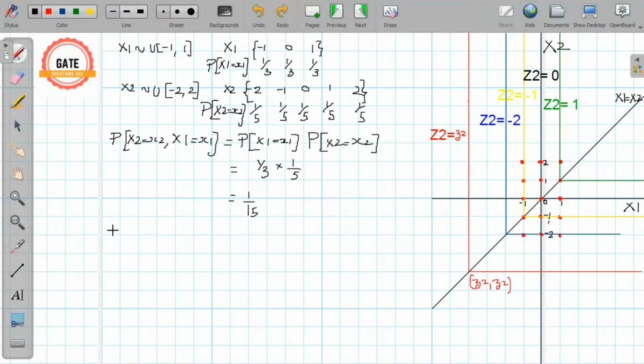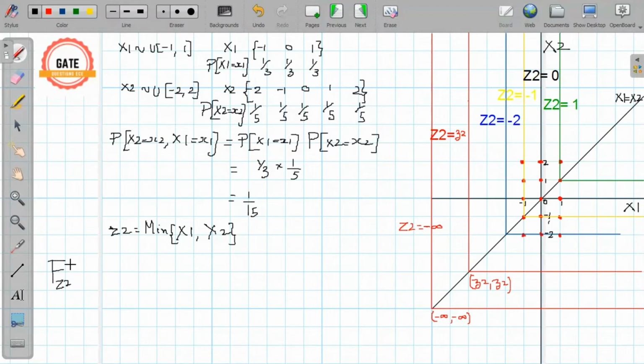Now let's see what will be the CDF of Z2. So Z2 is the minimum of x1, x2. The CDF of Z2, which will be represented by F Z2 of sample value small z2, will be equal to the probability that Z2 is less than or equal to small z2.